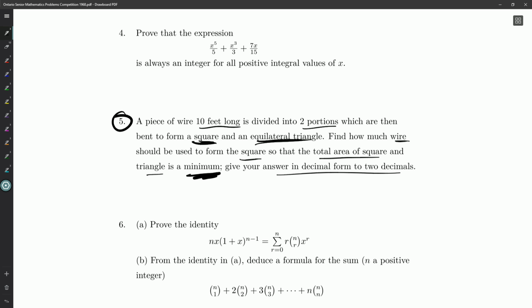Okay, so let's sort of visualize. We've got this wire here, 10 feet long. I'm going to secretly pretend it's meters, but 10 feet long. Basically, we cut it at some point, and that splits it up into x, and what's left over is 10 minus x feet. And we take this x bit here and we bend it into a square.